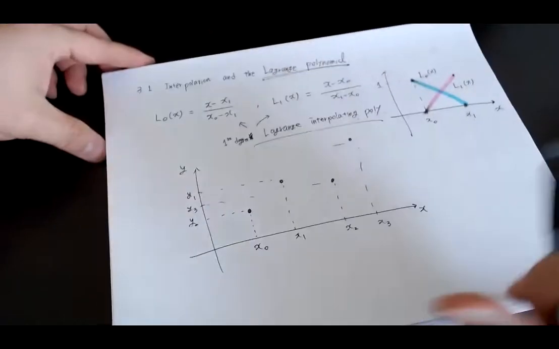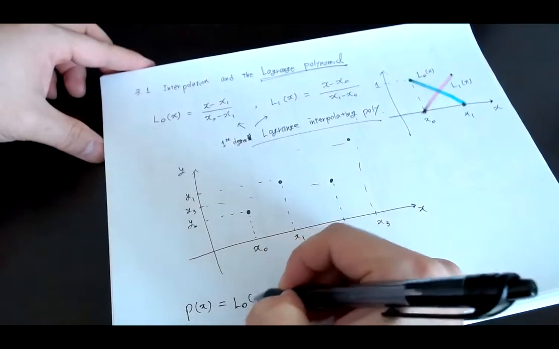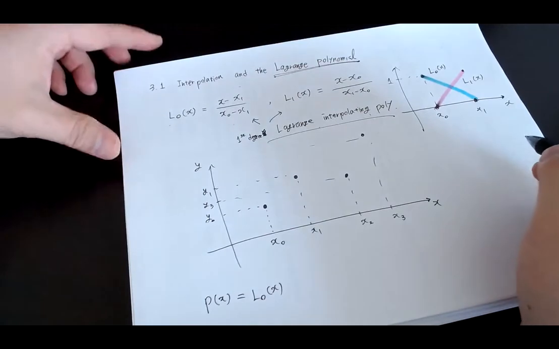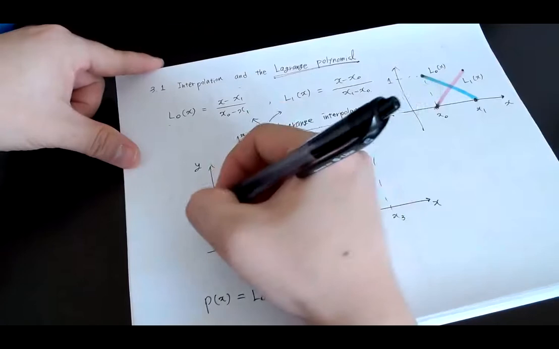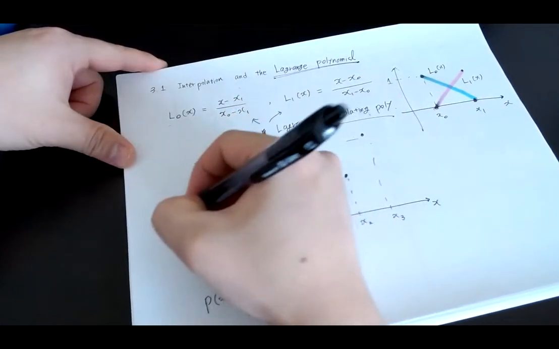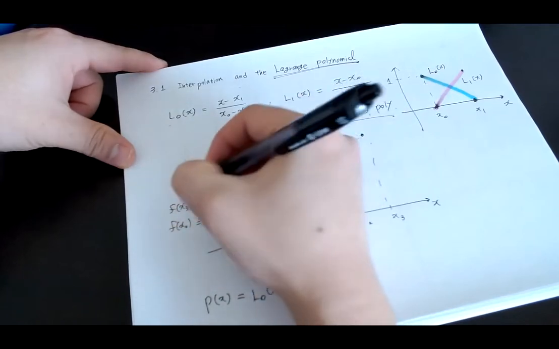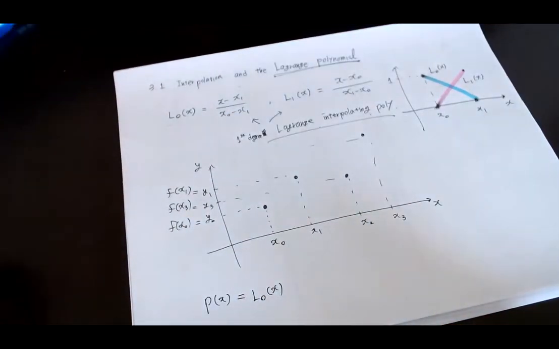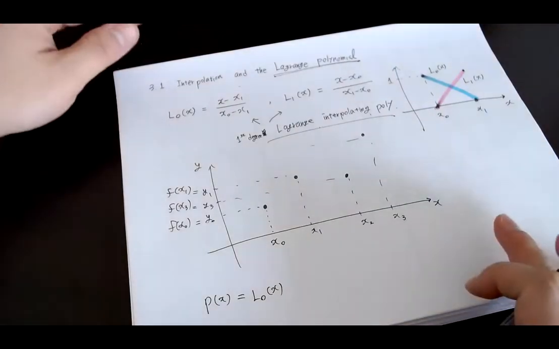Now we're going to construct p of x like this, L naught of x. Let me rewrite these y coordinates of the given data in function notation. This is f of x naught, this is f of x3, and this is f of x1. It makes sense, right? In practice, normally we don't know the function f.